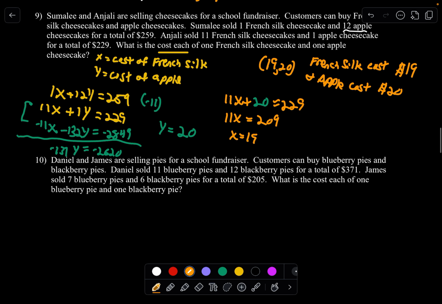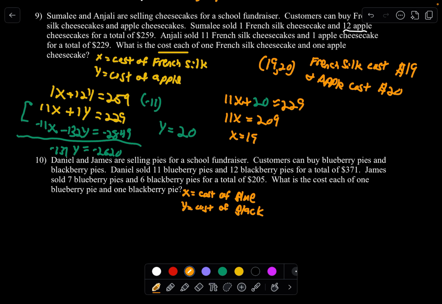Now, Daniel and James are selling pies for a school fundraiser. Customers can buy blueberry pies or blackberry pies. So what is the cost of each one? So x equals cost of blueberry, and y equals cost of blackberry. Okay?